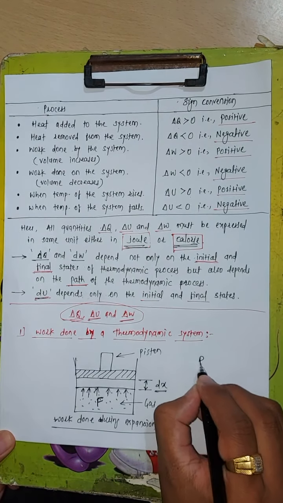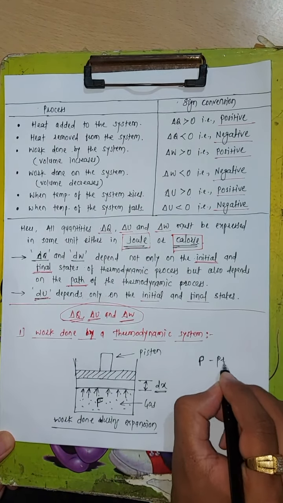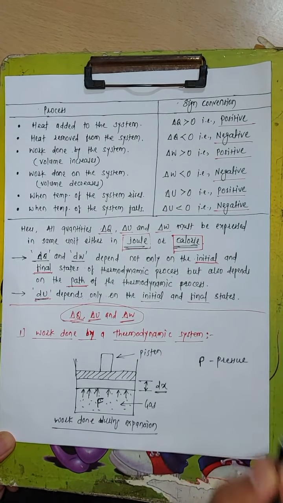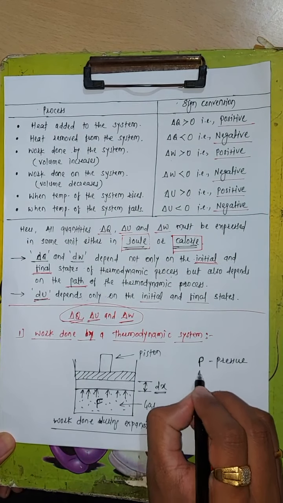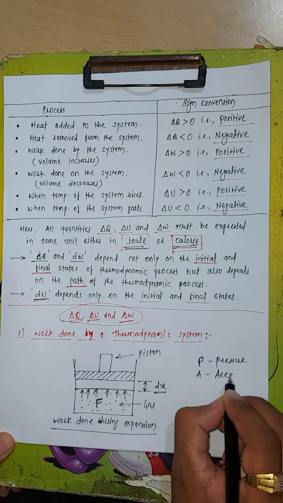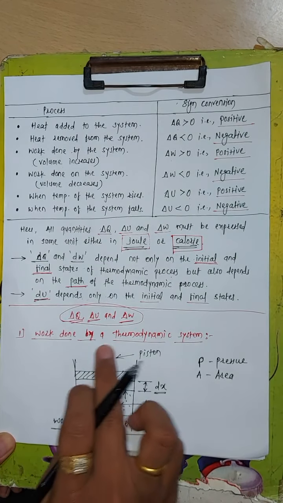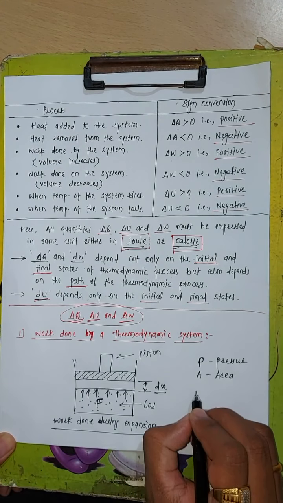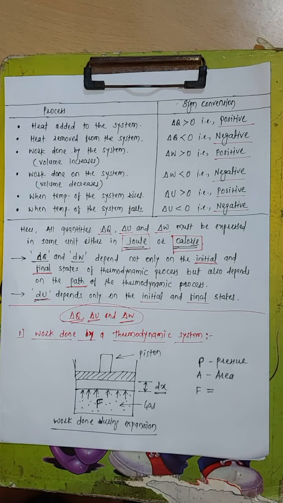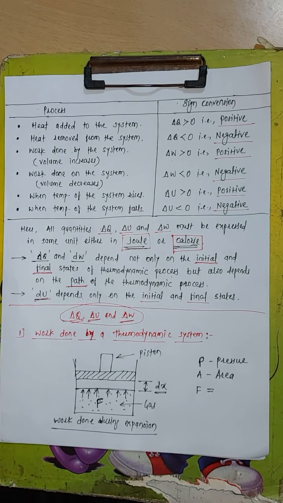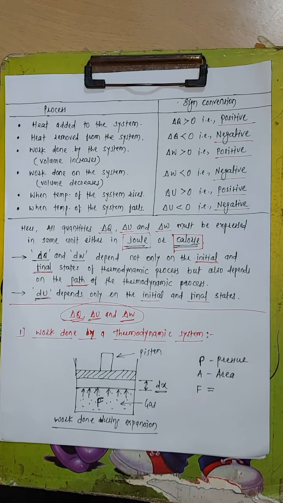Here we can write the variables. This is P is the pressure which will be on that particular piston. Then A is the area, and this is the area of the piston, we can say that, and some F is the amount of force which will be exerted by the gas on the piston of that particular cylinder.